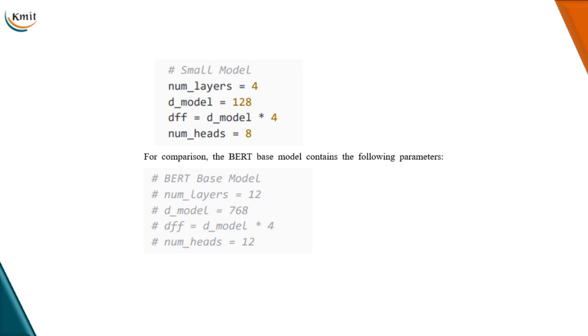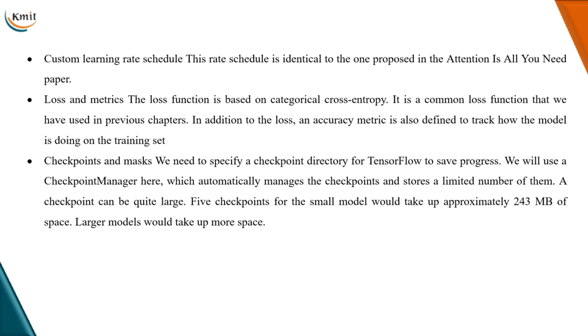For comparison, the BERT base model will be different, and the BERT large model will be different. So we give the number of layers, D model, and the embedding dimensions. We will also give the number of feed forward units, and then we go for developing the model. Once you develop the model, it contains many million parameters, and your model is ready for training.